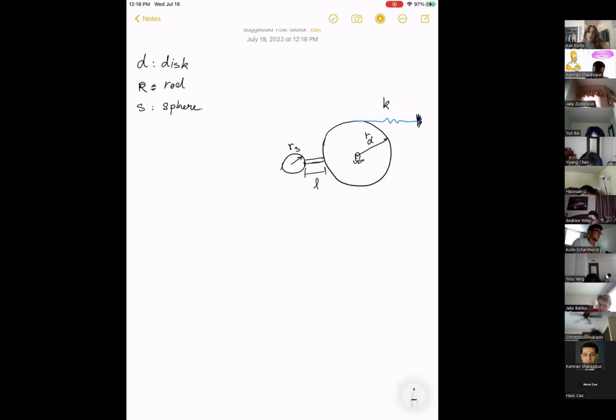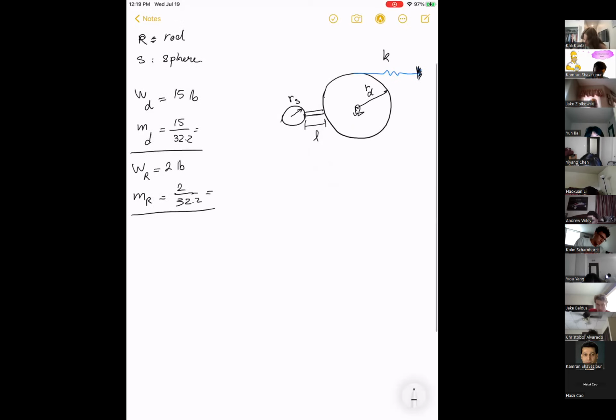So W of disk is 15 pounds. I'm going to find the mass of disk, 15 by 32.2. W of rod is 2 pounds, which means mass of rod is going to be 2 divided by 32.2. W of a sphere is 10 pounds. Mass of a sphere is going to be 10 divided by 32.2.